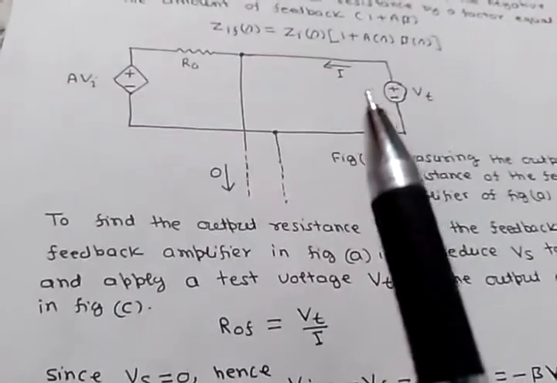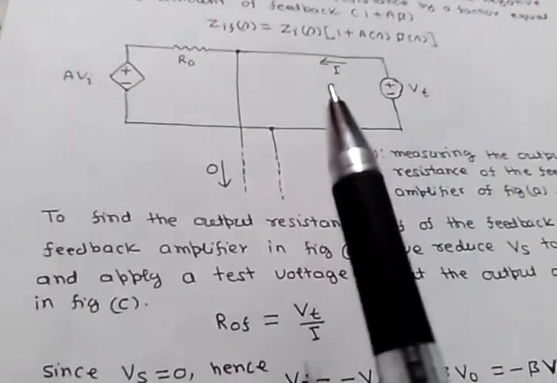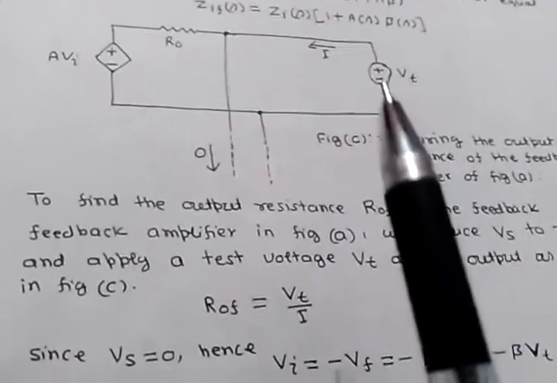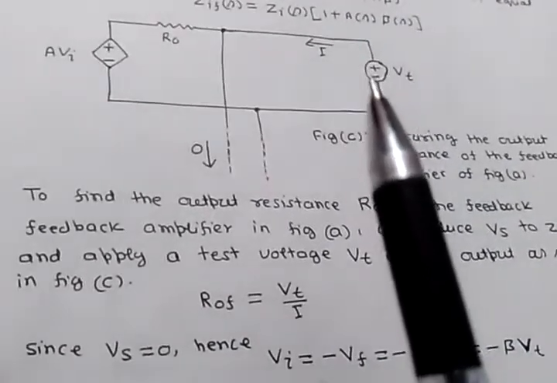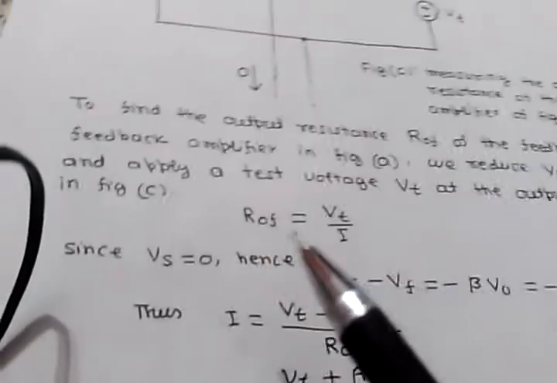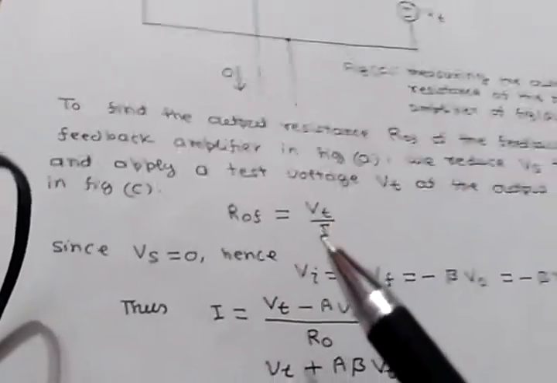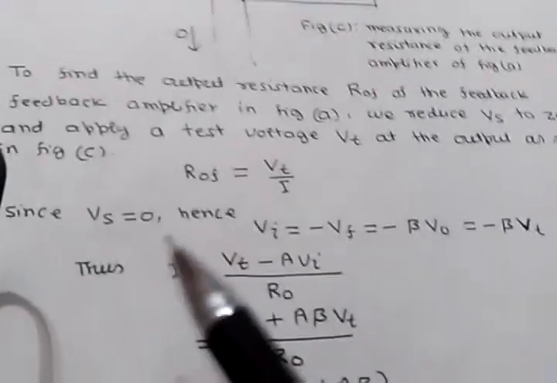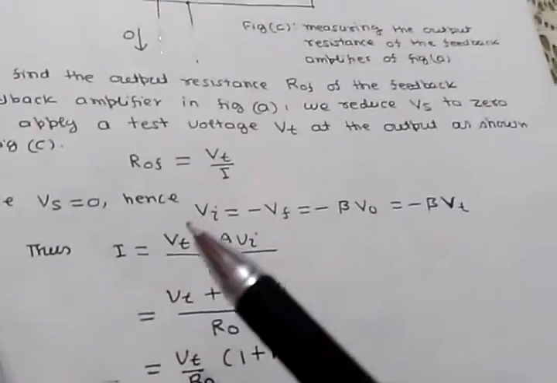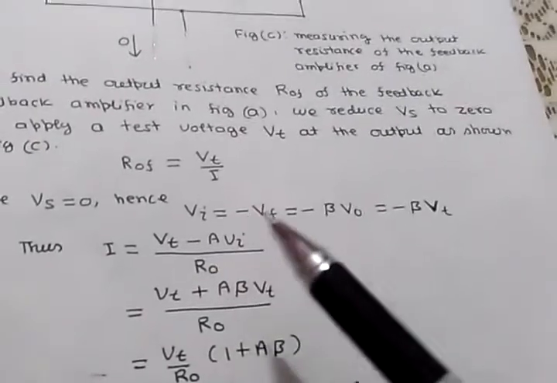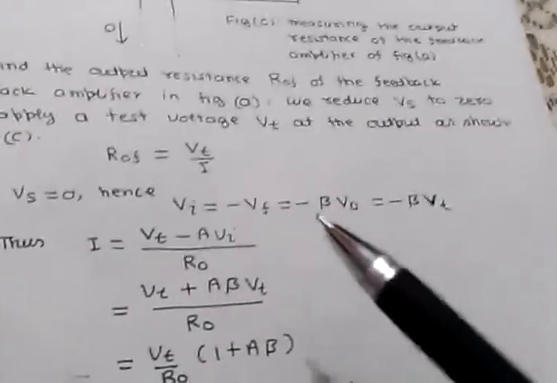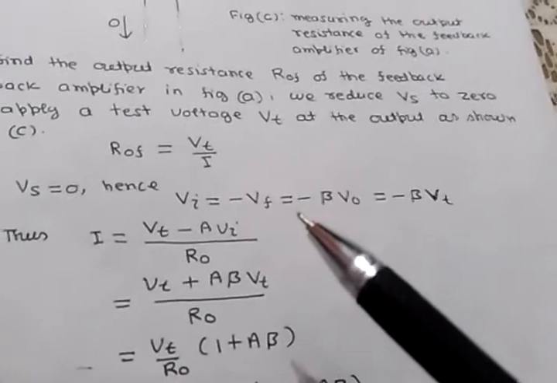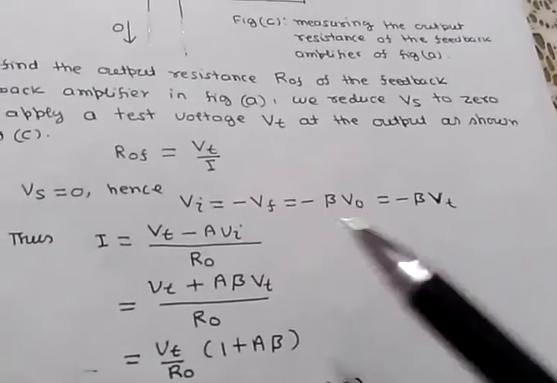In this way, by calculating the current I supplied by the test voltage source, we can calculate the output resistance with feedback as ROF equals Vt upon I. Since we have set Vs equals 0, in this case Vi will be minus Vf, as discussed earlier, it will be equal to minus beta Vo.